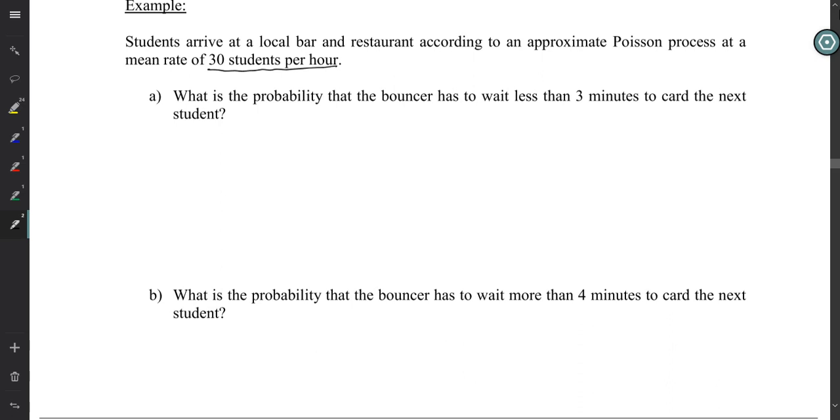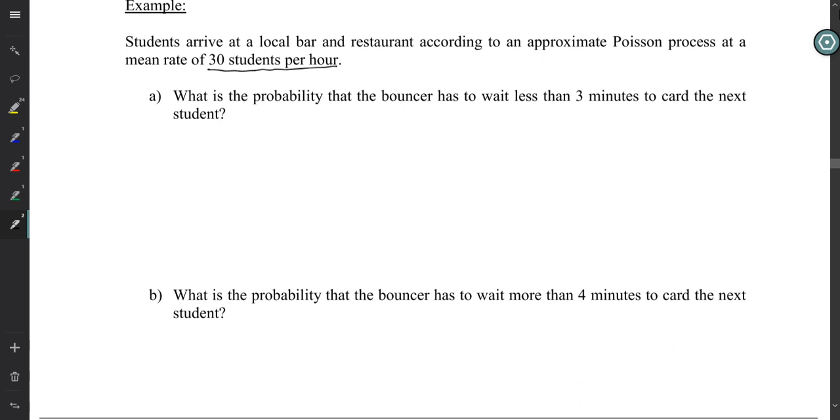If there are people who want to enter, the bouncer checks their card, and if they are refused, they say you cannot enter. Likewise, the bouncer has to wait for the next customer, and the next one, and so on. So you want to find the probability that this bouncer has to wait less than 3 minutes for the next student.